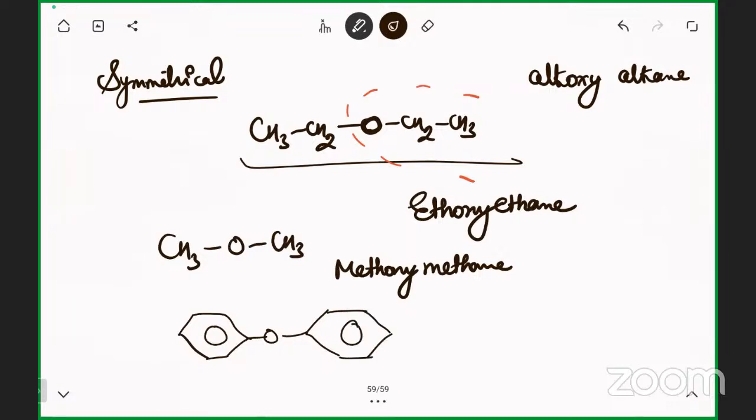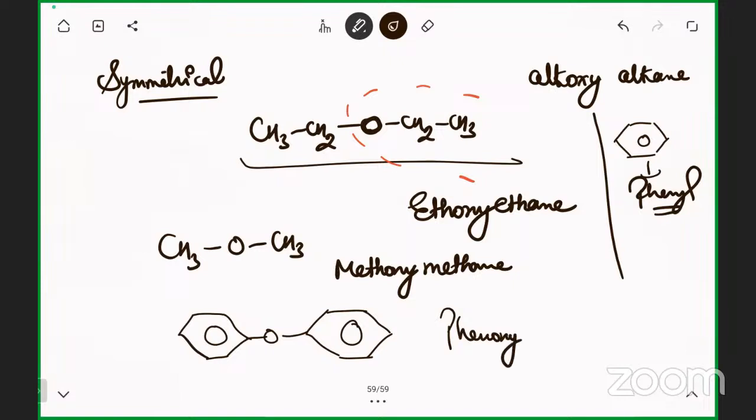You know what this is? Benzene. When benzene comes as a side chain, we consider it as phenyl. The name will be phenoxybenzene. Just remember this thing. Not a quite big thing.